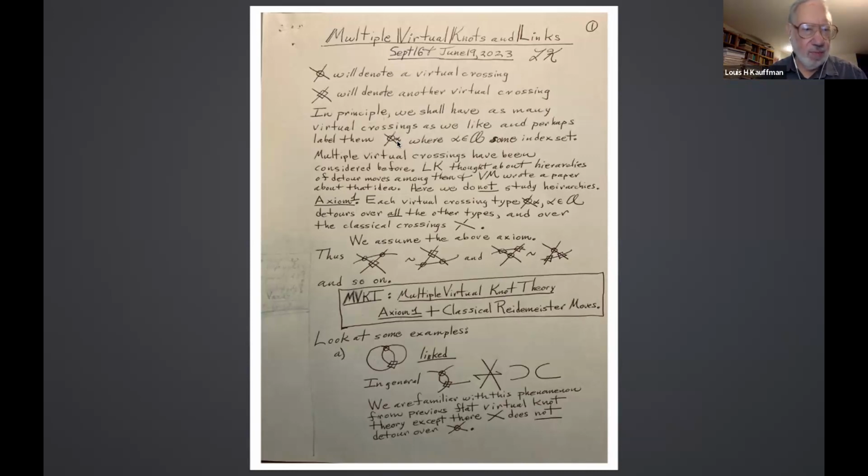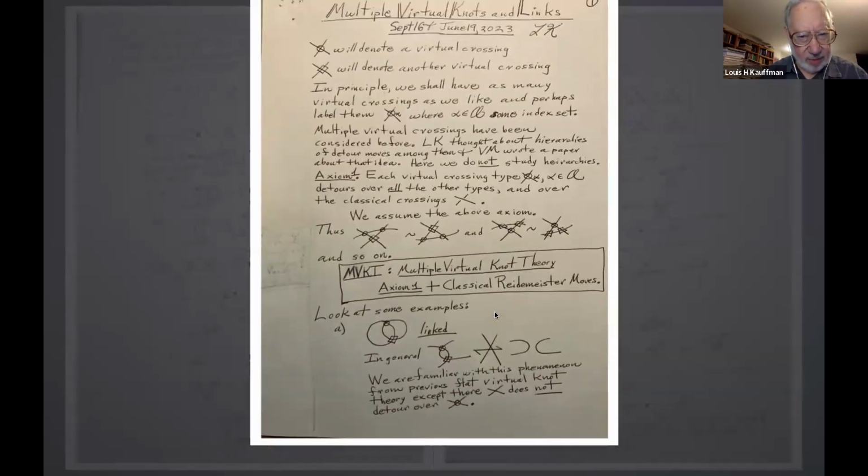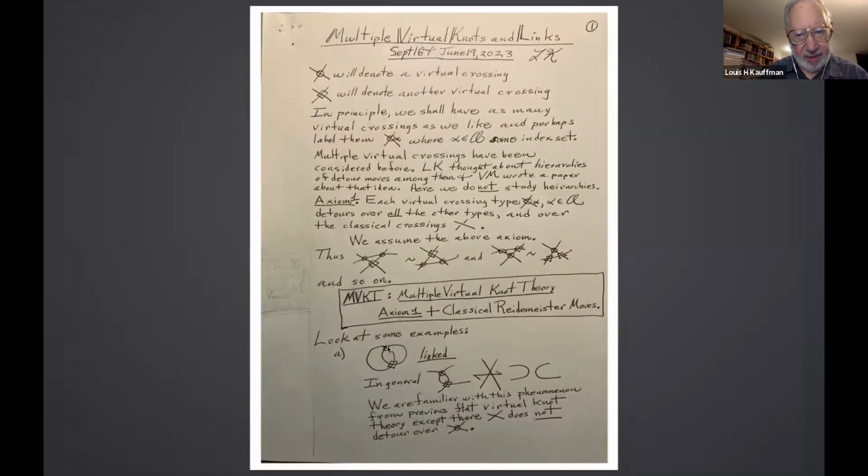And with that, allowing detouring over everything in that way, the basic axiom for the theory is that we will allow arbitrary detouring and we will allow classical Reidemeister moves. And that gives us a virtual knot theory. And you can look at some examples. So for example, here, I have a link. You see, these are two different virtual crossings. I haven't said that I could pull them apart. I can only do Reidemeister moves or detours on one crossing, but I don't get to detour them both out.